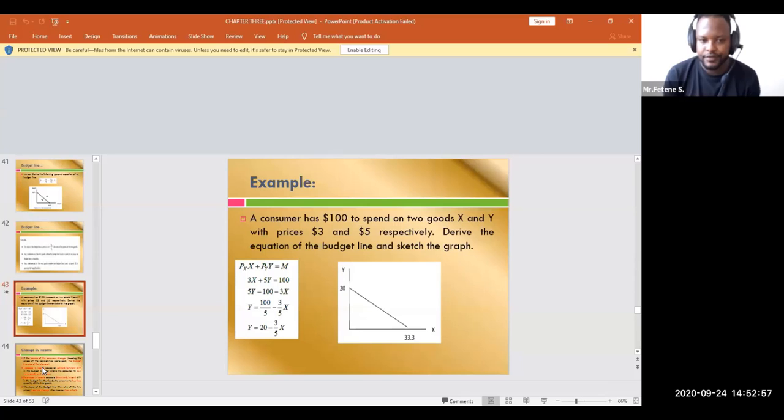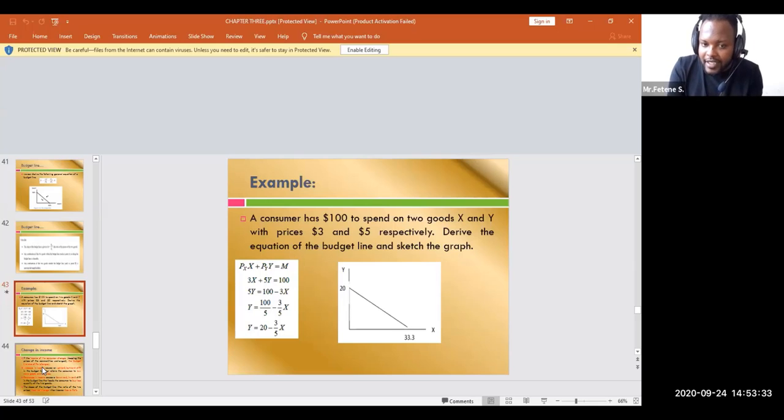Let's look at this example. A consumer has $100 to spend on two goods, x and y, with the price of commodity x being $3 and the price of commodity y being $5 respectively. Derive the equation of the budget line and sketch the graph. To draw the budget line, the first thing the consumer should know is the income, so there must be a fixed income.